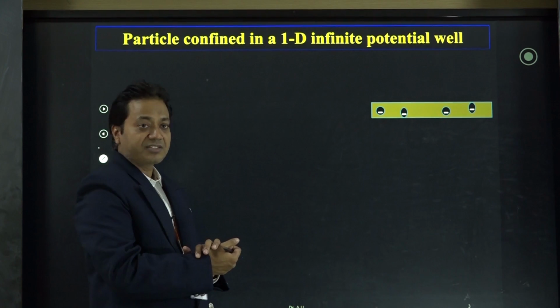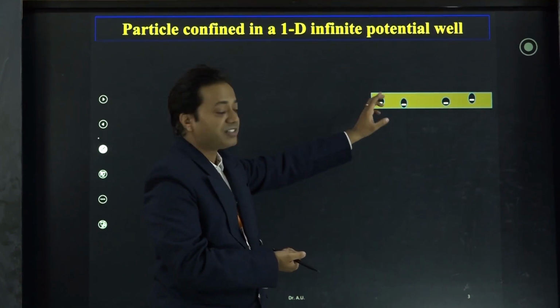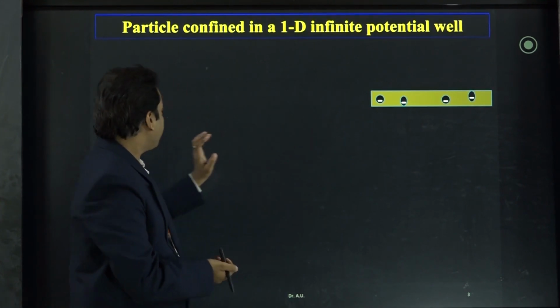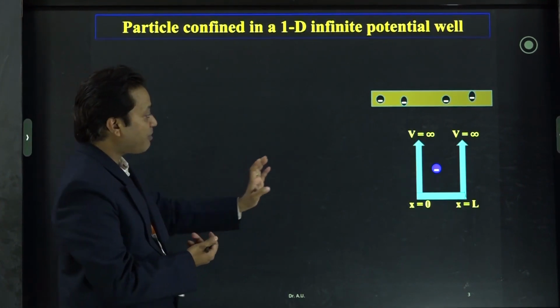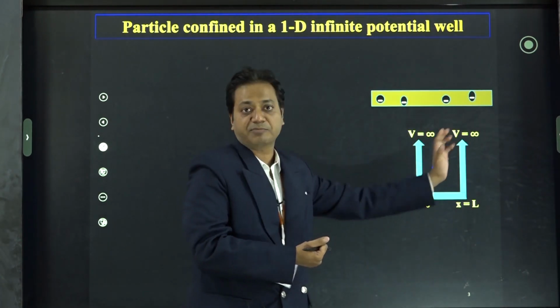We will try to understand what the energy of this particle will be if we consider only one electron, which we can do in our problem also, and one particle in an infinite potential well.